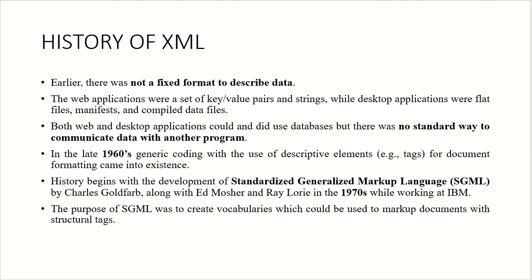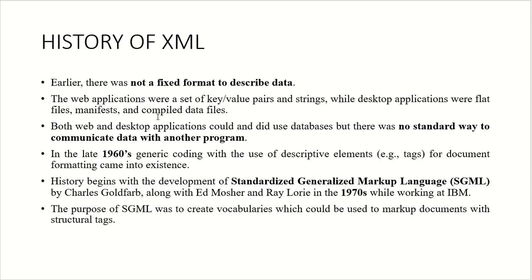Earlier there was no fixed format to describe the data. Alright. The web applications were the key value pairs or strings. The desktop applications were flat files. Flat files means like a word processor file and so on. Alright. So how to communicate between the two applications or two platforms or two machines?